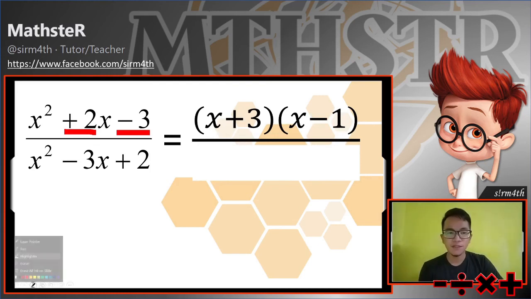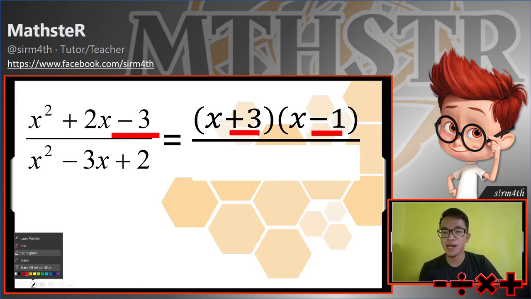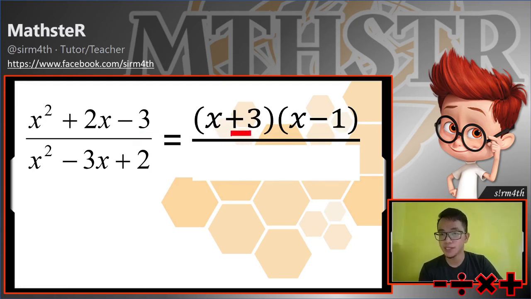So, ngayon, if we multiply positive 3 times negative 1, we have negative 3. And if we add positive 3 plus negative 1, the sum is equal to 2x. So, after factoring this numerator, let's proceed to our denominator.